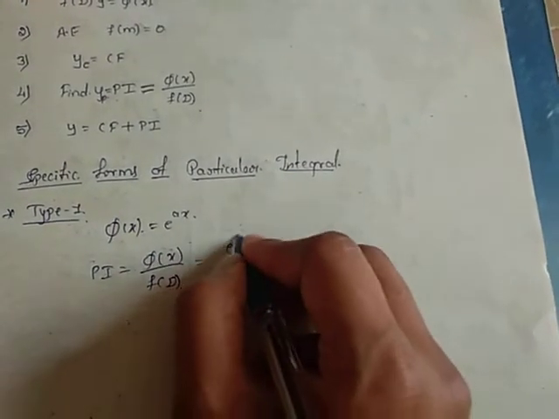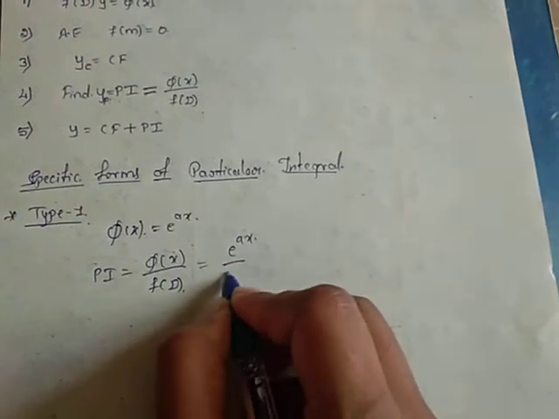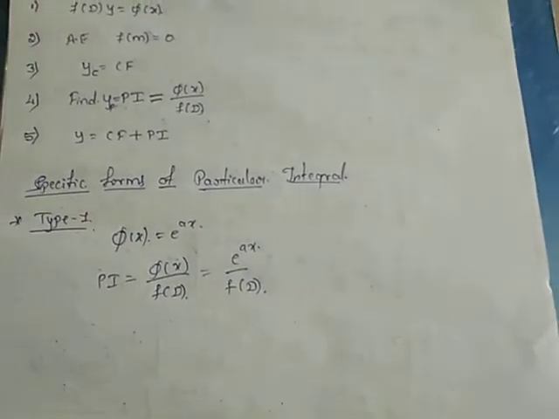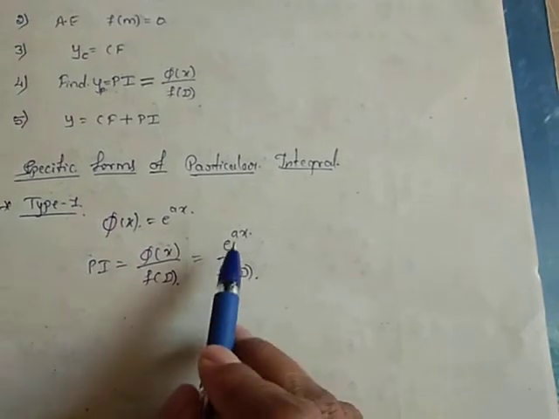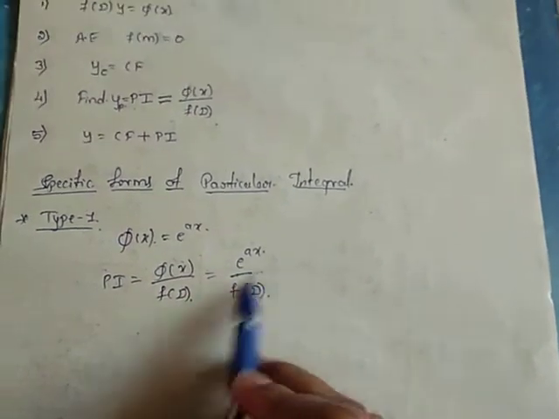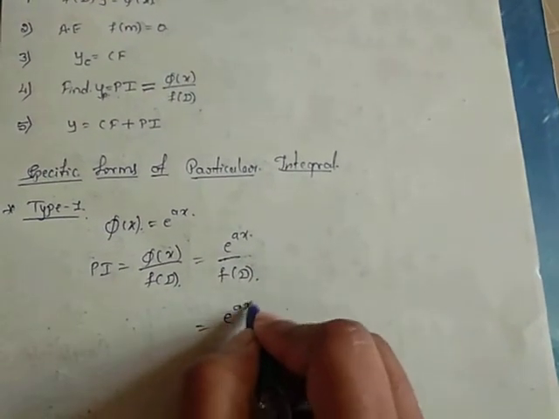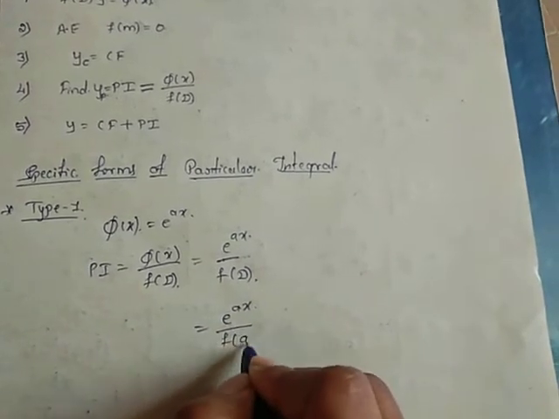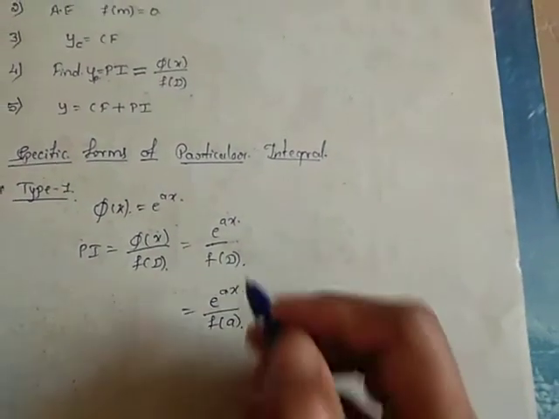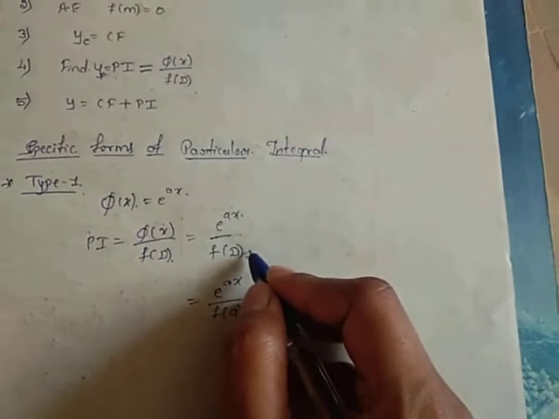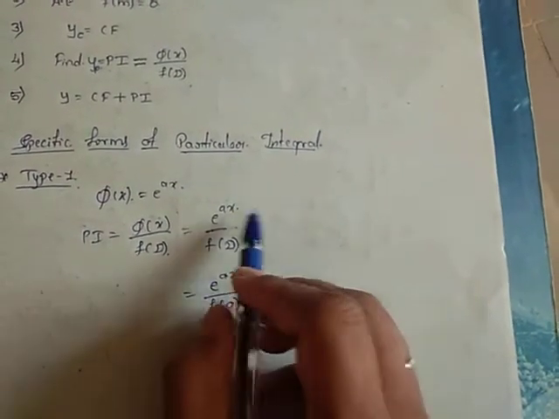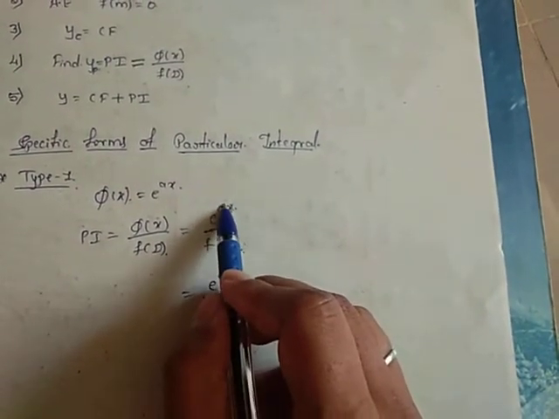The particular integral of this kind of function is e raised to ax divided by f of a. That means we have to replace D by the value of a.